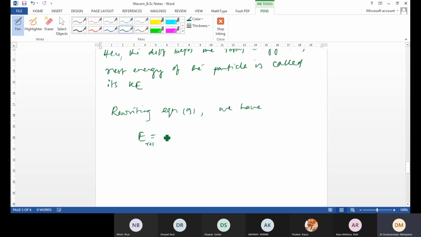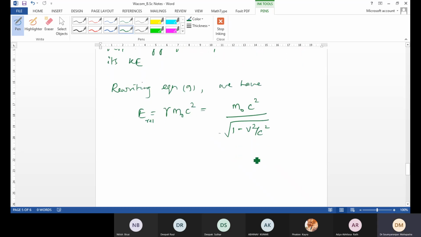So this is gamma m naught c square. That can be written as m naught c square by root over 1 minus v square by c square. Okay. This can further be written as, this implies E is equal to gamma E naught. I can write in this form also.